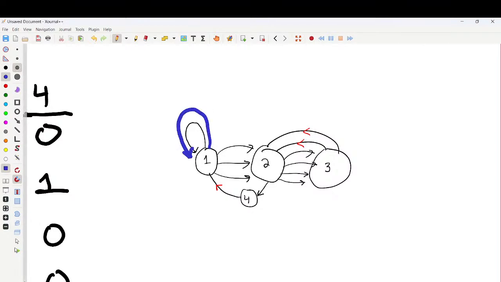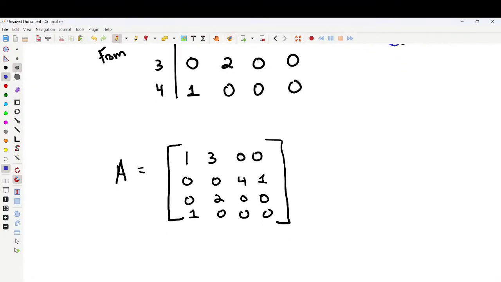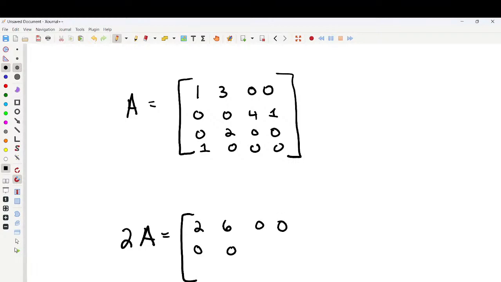We're gonna do another one here, here, here, this way, that way. One more here and one more there. It's exactly what it means. And it's exactly what we would see here. 2, 6, 0, 0, 0, 0, 4 becomes 8. 0, 4, 0, 0, and 2, 0, 0, 0.